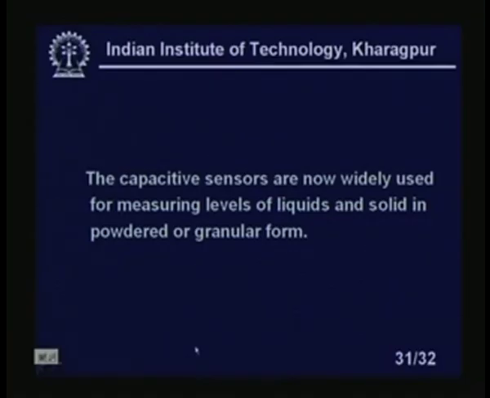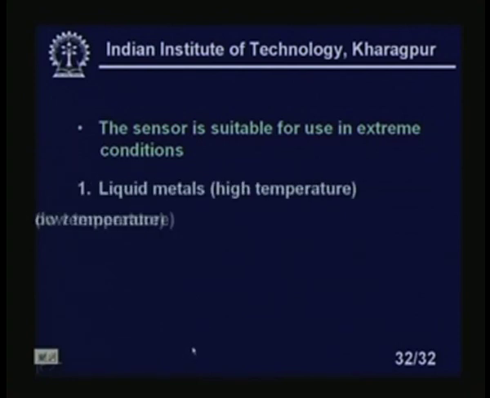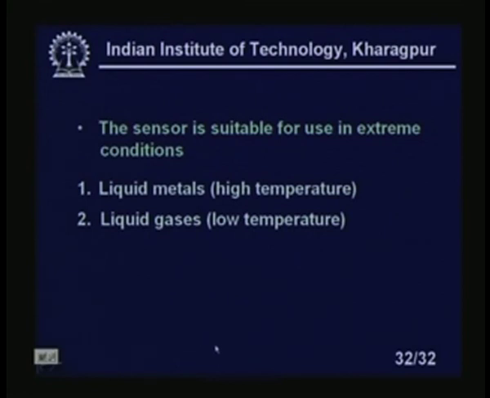Capacitive sensors are now widely used, as I told you earlier also, for the levels of liquids and solids in powder or granular form. The sensor is suitable for use in extreme conditions. Liquid metals at high temperatures we can measure, which is not possible with other sensors. Low temperature liquid gases also we can measure.